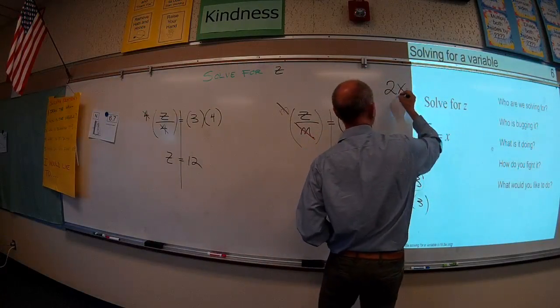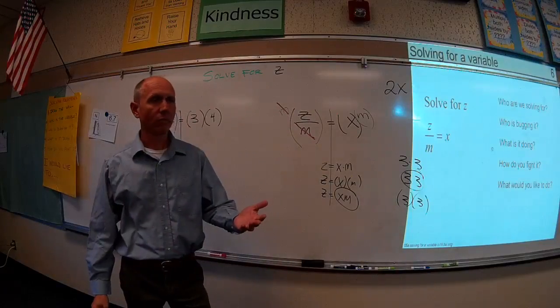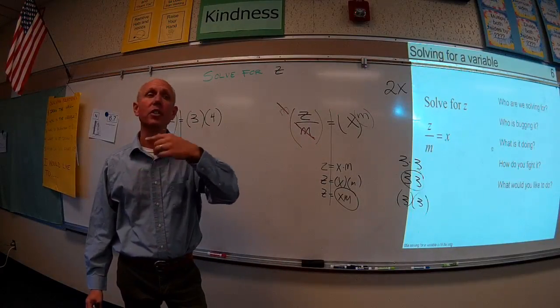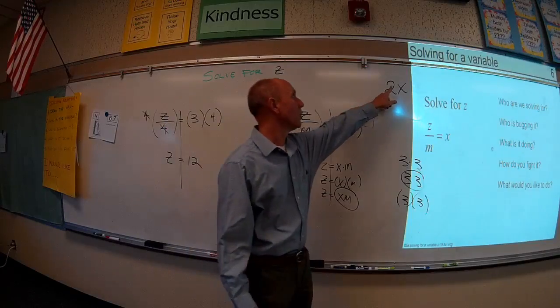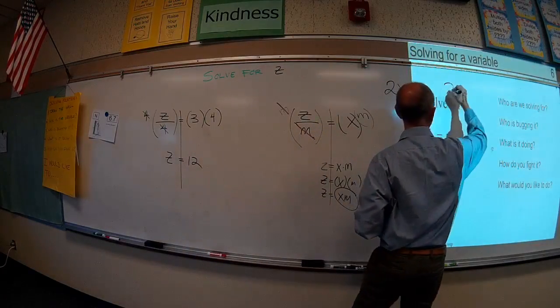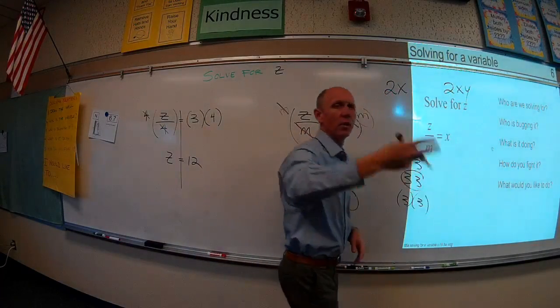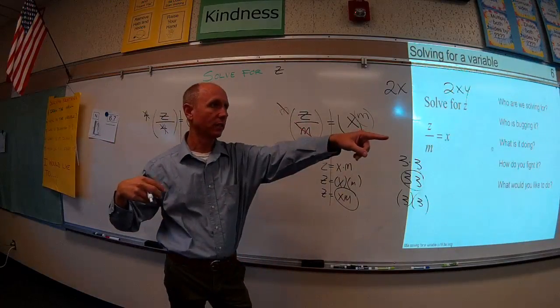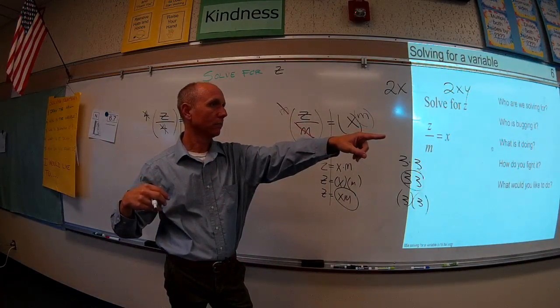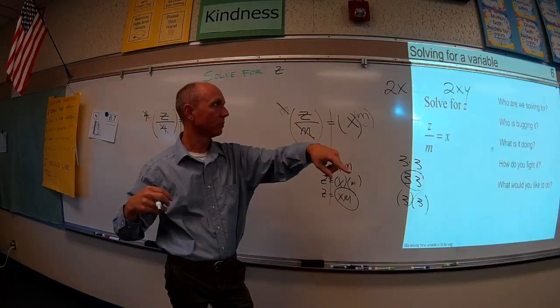Could I do 2x? What's that saying right there? Is it showing multiplication? Is it showing division? It's showing multiplication. Read that to me. What is that saying? You're multiplying x with y with 2.